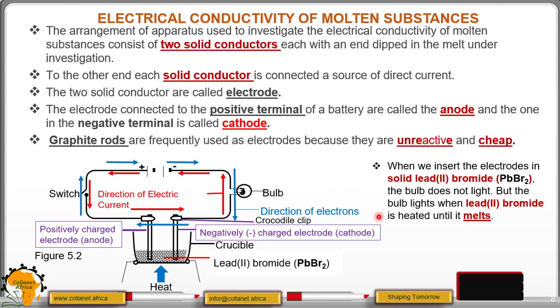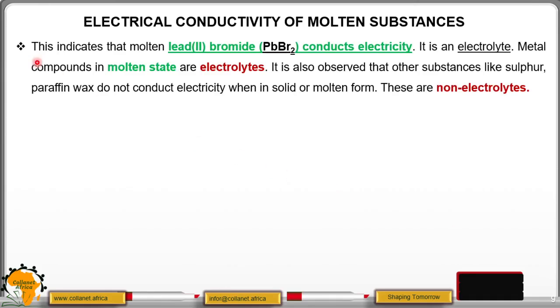But the bulb lights up when lead 2 bromide is heated until it melts. Good to note that. This indicates that molten lead 2 bromide conducts electricity. It is an electrolyte. Metal compounds in molten state are electrolytes.